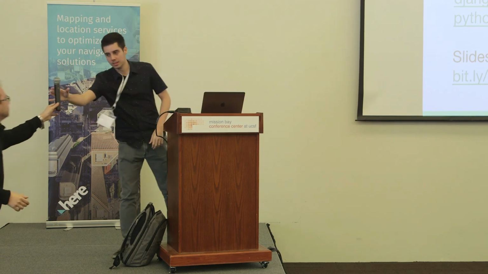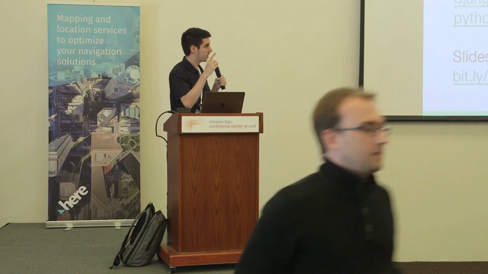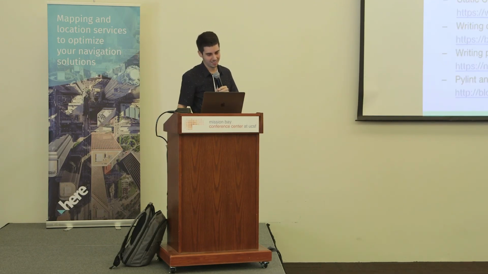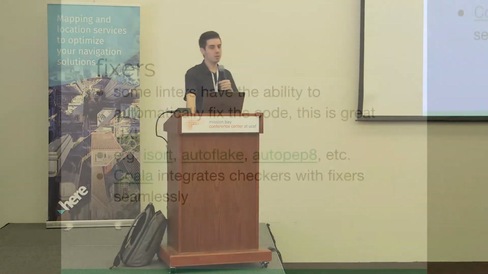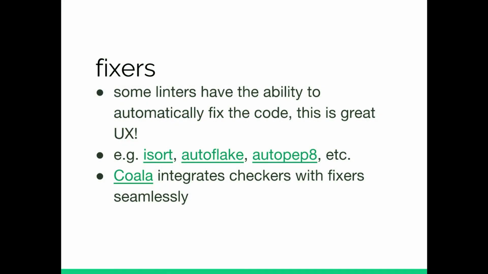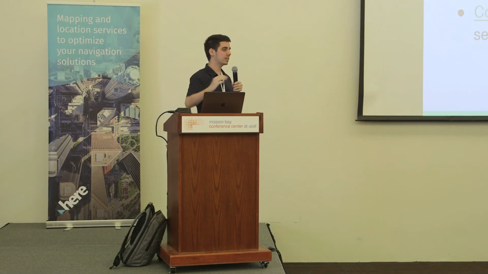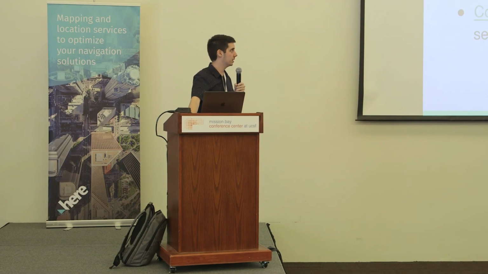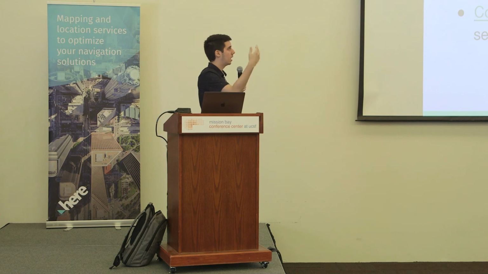Yeah. Amazing question, and it's great because I have a slide for that. Fixers. So some linters have the ability to automatically fix the code, and this is amazing UX. I think the next step on UX for linters is to fix the code automatically. Like isort does that, it not only detects that your imports are wrongly sorted, but it also sorts them for you. Autoflake does that, autopep8 does that.